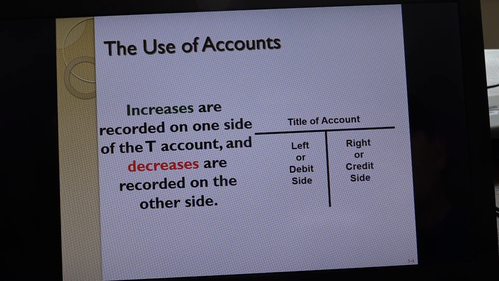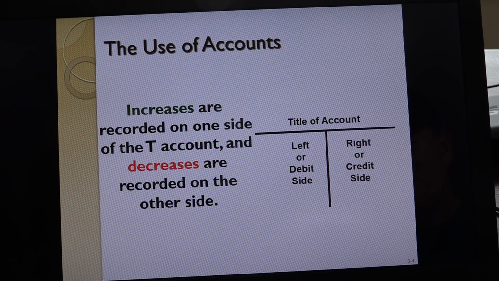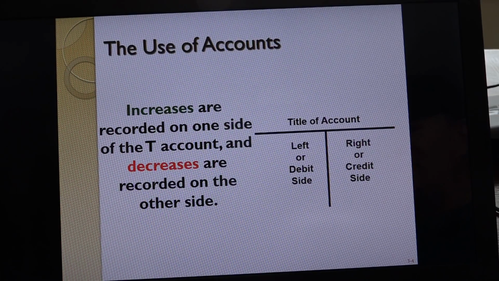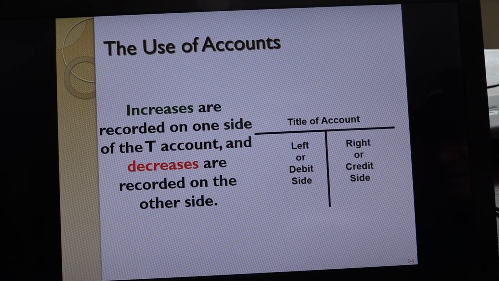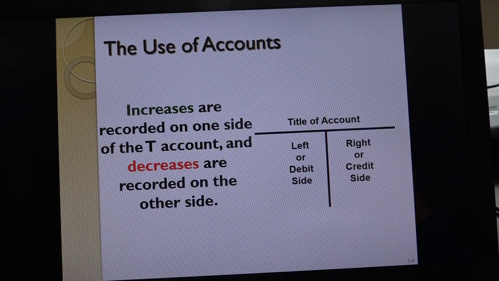Understand that the left side, the debit side, does not mean an increase. The credit side does not mean a decrease in an account. Whether something is an increase or decrease depends on the type of account you have. So increases are recorded on one side of the T account depending on the type of account, and decreases are recorded on the other side.